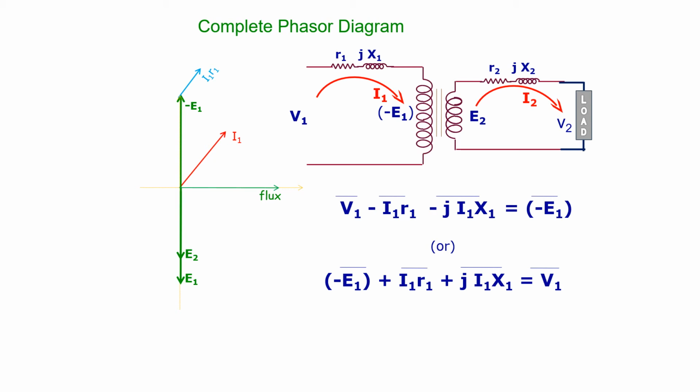To this we add the I1 X1 phasor. So minus E1 added to I1 R1 and added to that I1 X1, it is V1. The angle between V1 and I1 is phi 1. The secondary current I2 lags the E2 by an angle phi 2.